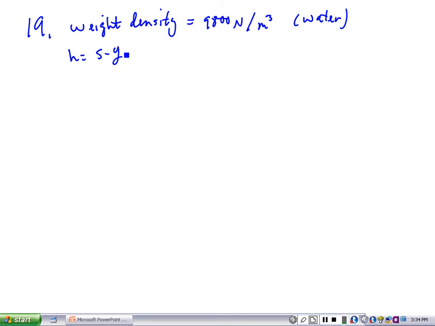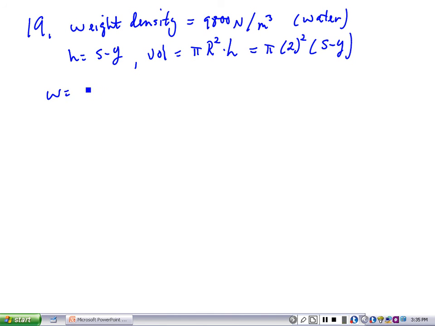We look at the image that's given. Now you want to calculate the volume for this so-called cylinder. The formula is pi r squared times the height. So this volume is pi, and the radius is given to be 2 squared times the height. This is 5 minus y.